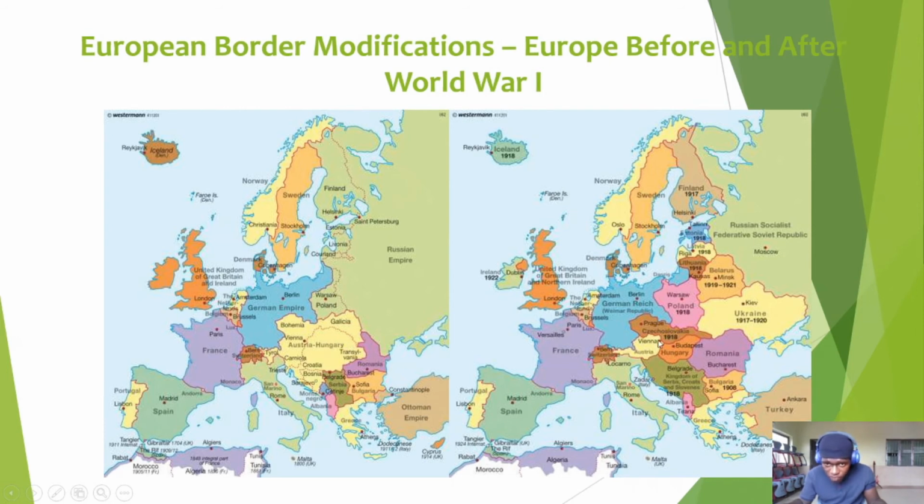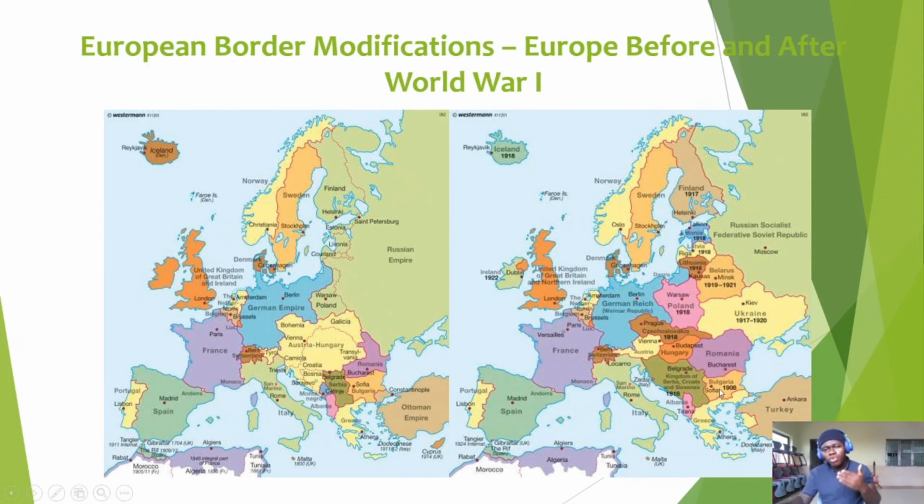Now you have what? Austria here and Hungary here, and just two small pieces of land compared to this big empire. But then every group had its own something. So the Czechs had their land. The Hungarians had theirs. The Bulgarians had theirs. You see, Romania got bigger.